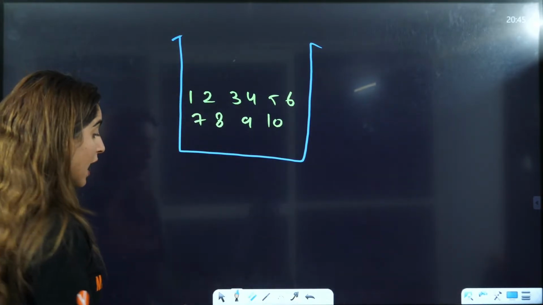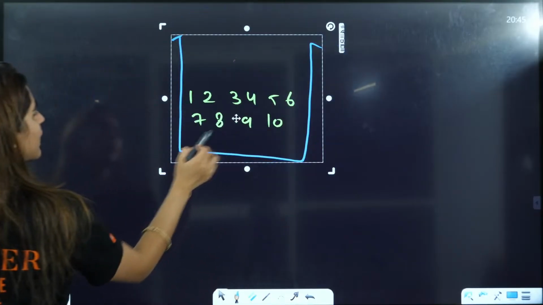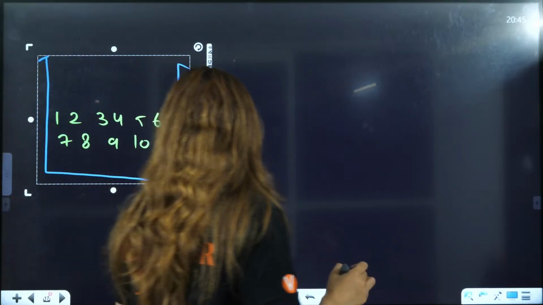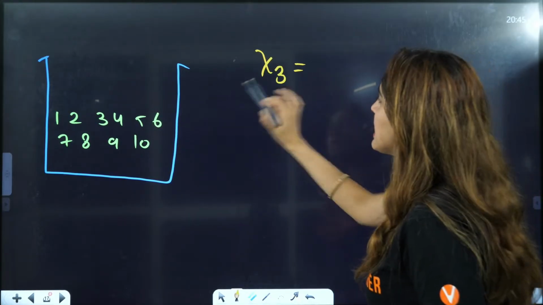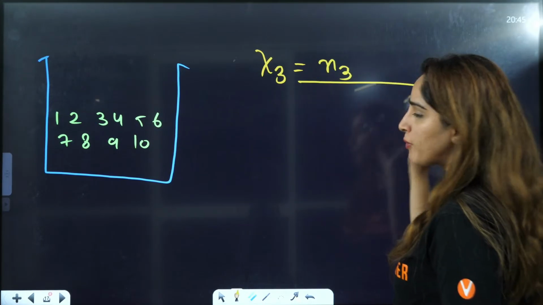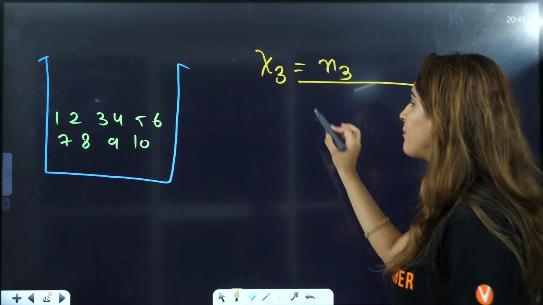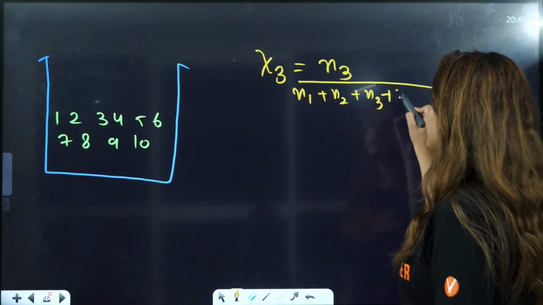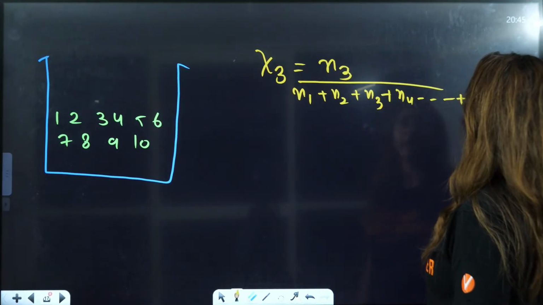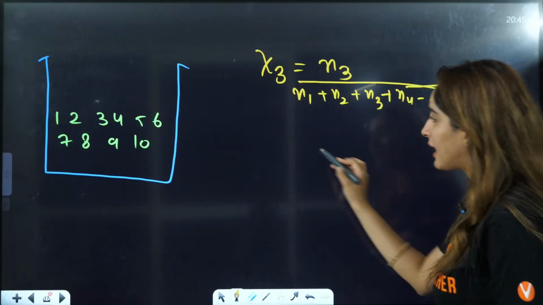Now, because you have added 10 components, if I discuss the mole fraction of the third component, that will be number of moles of third component divided by total number of moles. That means N1 plus N2 plus N3 plus N4, and so on up to N10. You have to add everything, right?